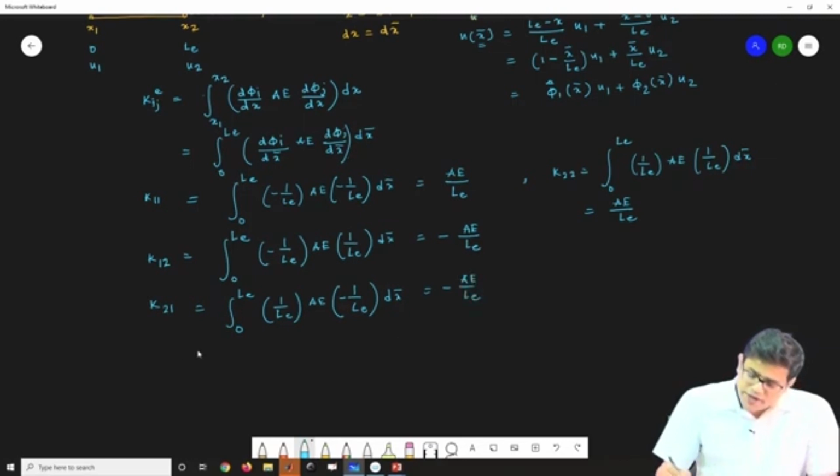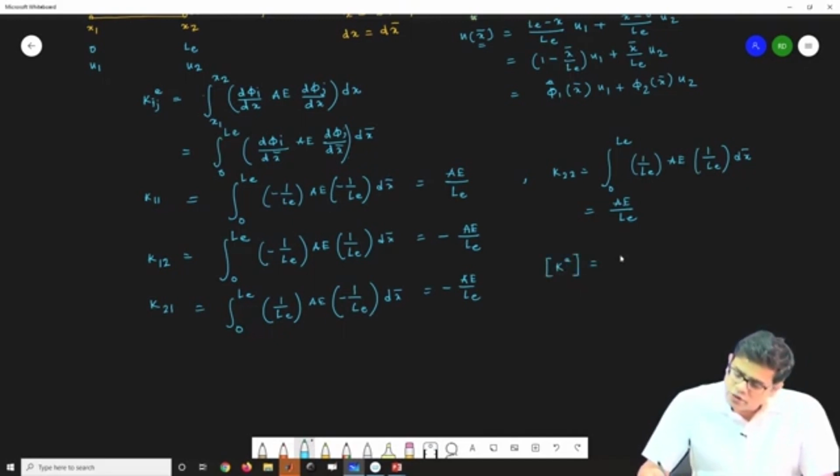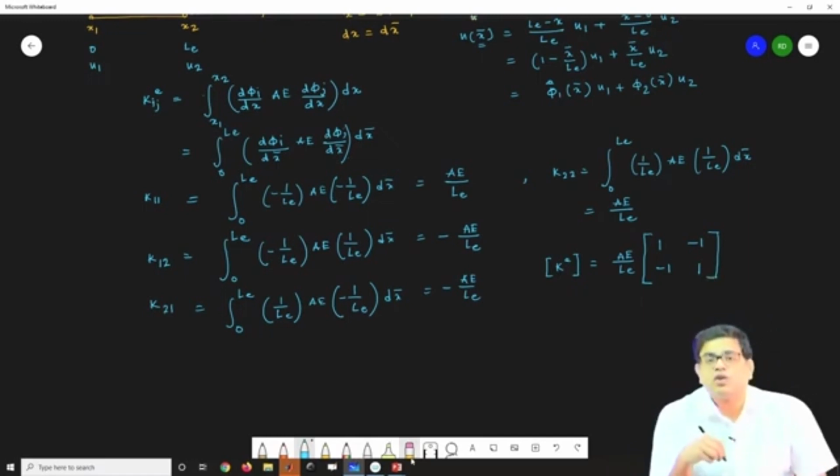If I now write it in matrix form, the stiffness matrix of a two-noded bar element looks like AE by LE times the matrix 1, minus 1, minus 1, 1. You have observed this stiffness matrix in the matrix method or stiffness method of structural analysis.